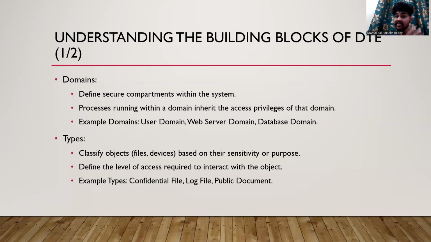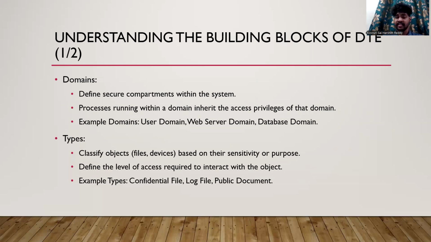Here are the building blocks of DTE. First, domains define secure compartments within the system. A process running within a domain inherits the access privileges of that domain, with example domains like user domain, web server domain, and database domain.